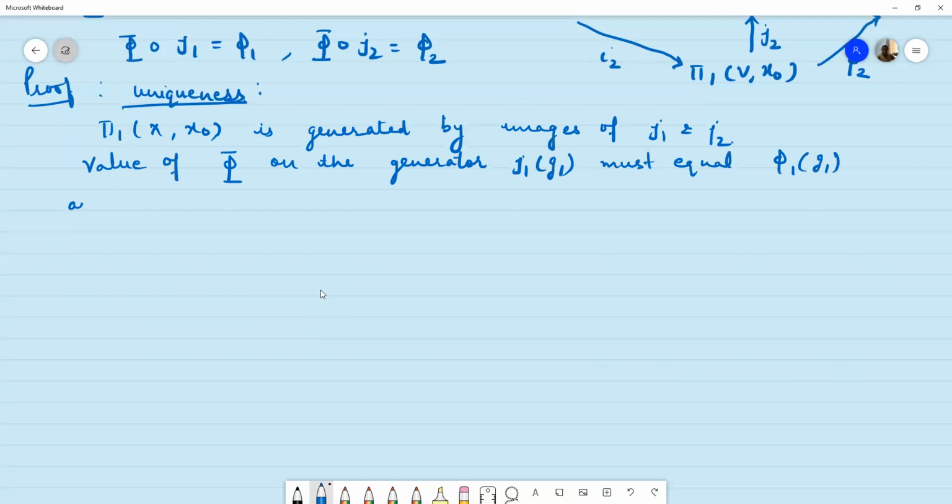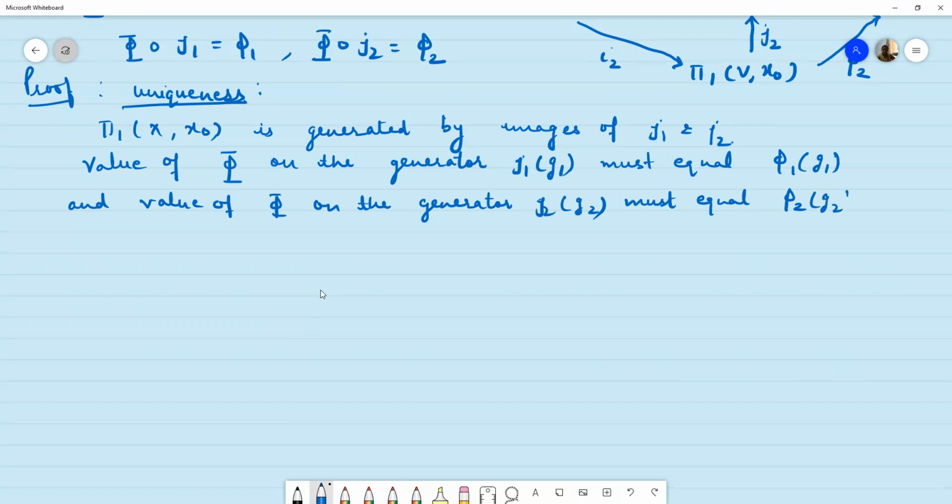And similarly, if we take the value of phi on the generator J2 G2, that must equal phi 2 G2, because if a mapping phi exists, then these two triangles on the right hand side of this diagram are commutative.